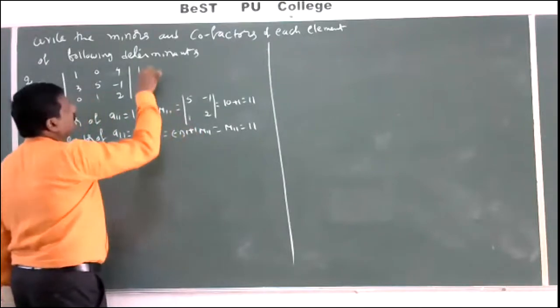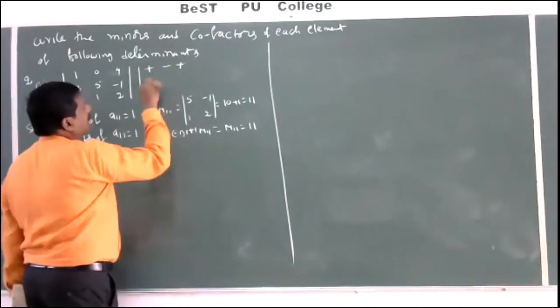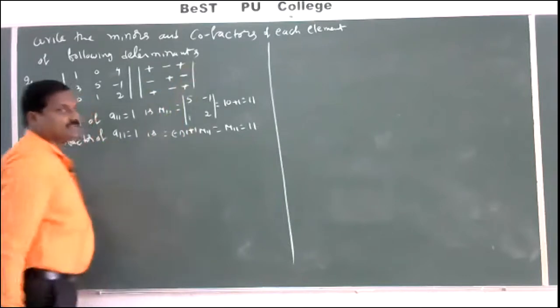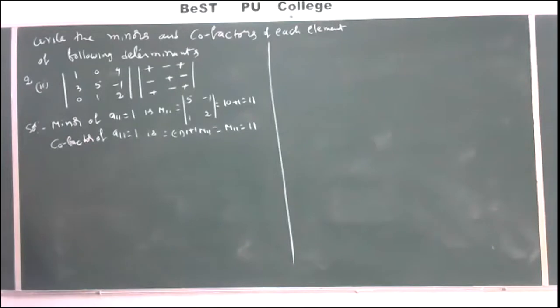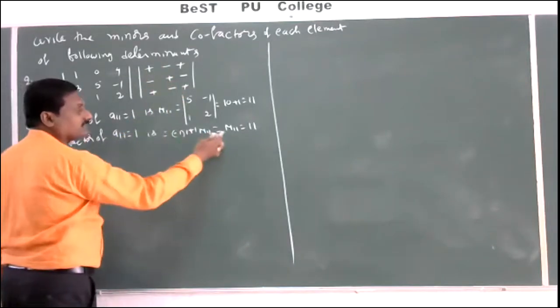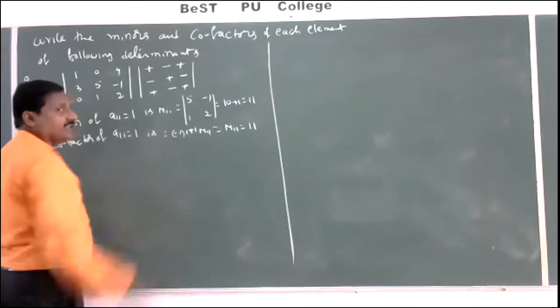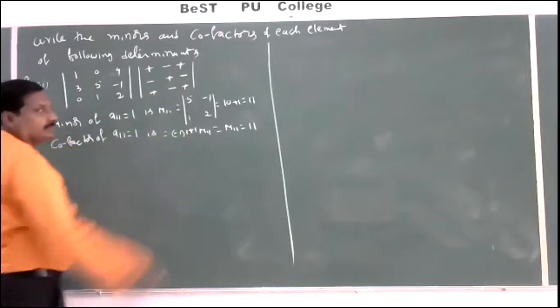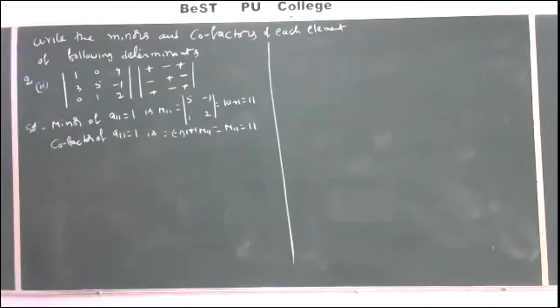If you remember the symbols also, we can write plus minus plus, minus plus minus, plus minus plus. The first element gets plus M11, the second element gets minus M12, the third element again gets plus M13. In that way also we can write.